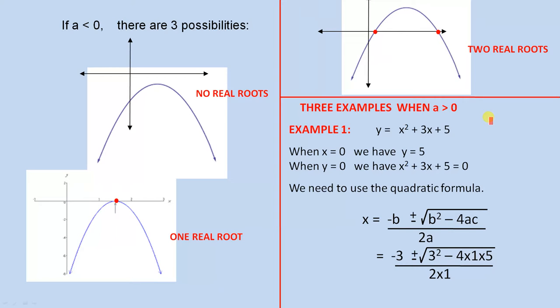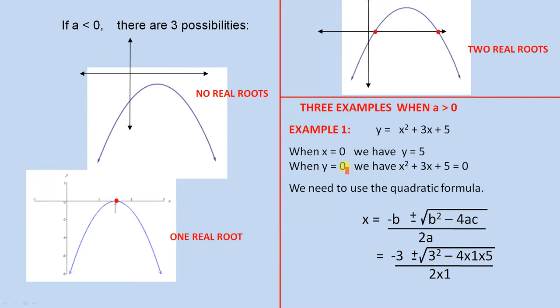Let's look at three examples when a is greater than 0. Example 1, y equals x squared plus 3x plus 5. When we let x equal 0, we have that y equals 5. That is, this particular parabola here intersects the y-axis at the point 0, 5.